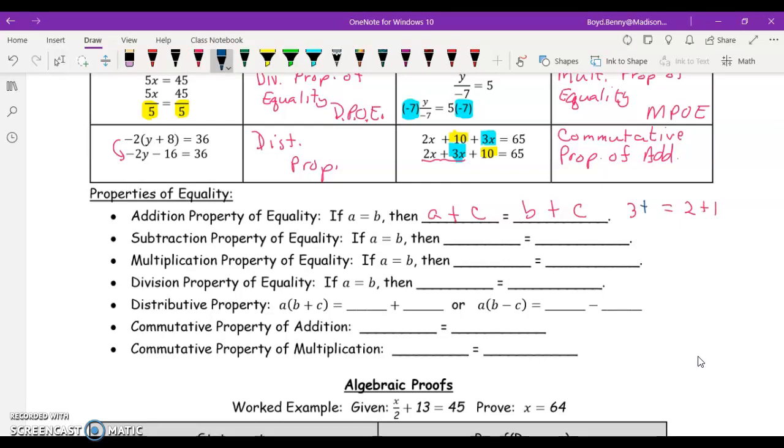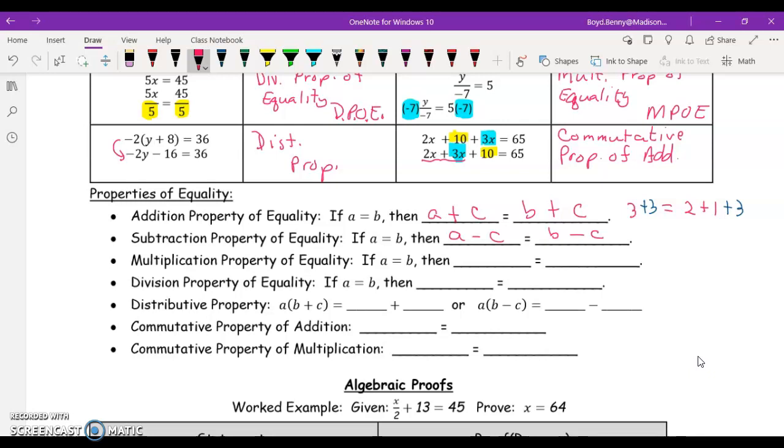Well, if I add 3 to the left side and I add 3 to the right side, I still end up with 6 on both sides. Just proving the use of the property. So for subtraction, it says if A equals B, then if I subtract some number C, I end up with the same result on both sides.